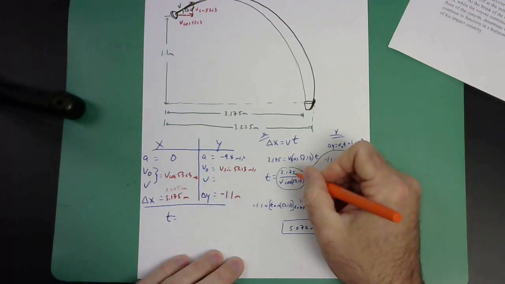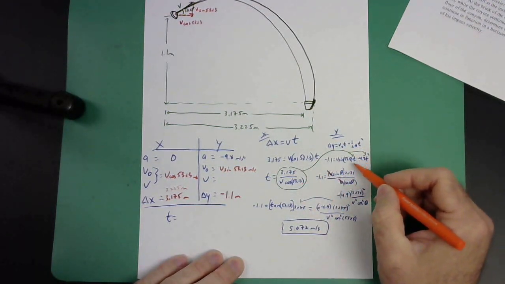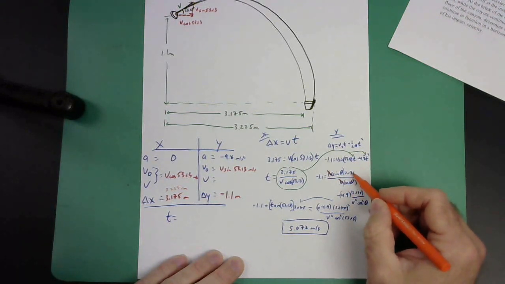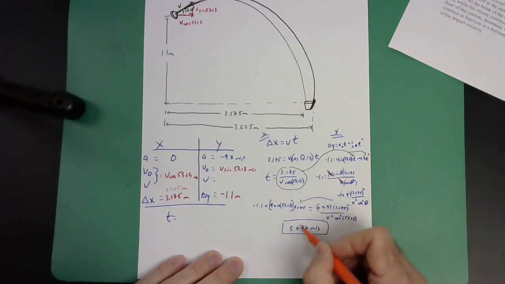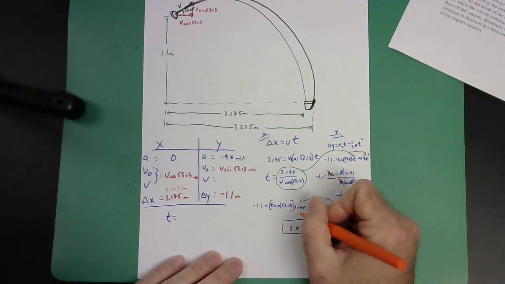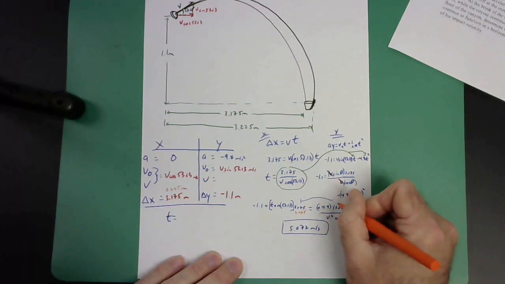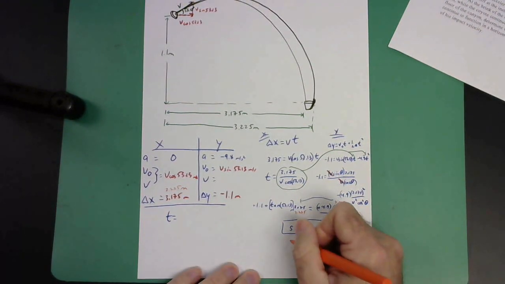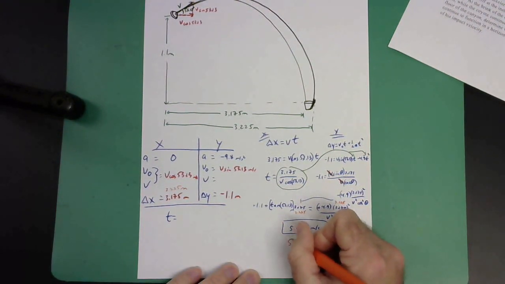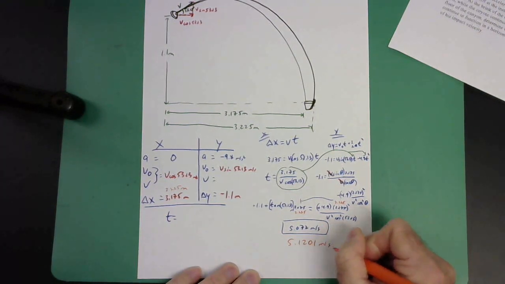So that's a 3.225, and that's a 3.225 squared, and I can go all the way through the same steps. Do the calculation, and you get 5.1201 meters per second is what I got.